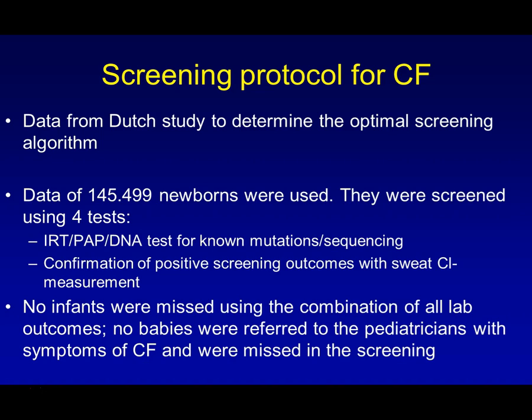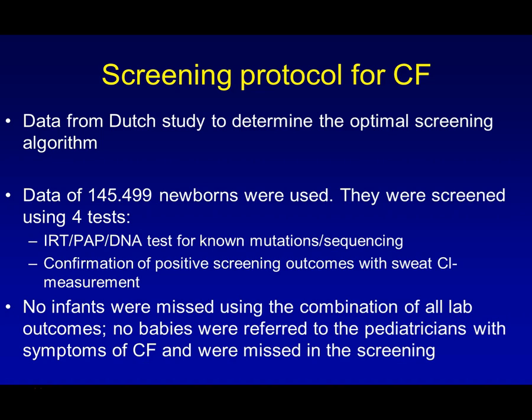We will apply this in a screening protocol for cystic fibrosis. We use the data from a Dutch study to determine the optimal screening algorithm. Data of over 140,000 subjects, newborns, were used. They were screened using all of 4 tests.